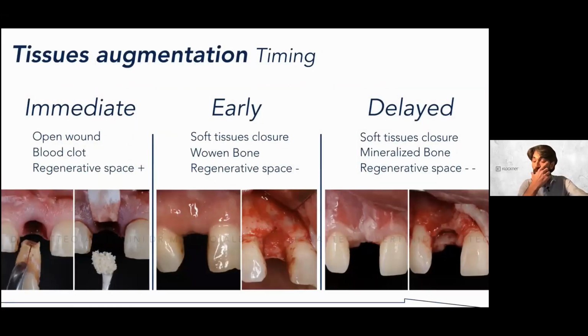So what do we do in these situations? We can use different approaches. We can intervene and regenerate the tissues immediately, or use an early approach after 4 or 8 weeks, or even a delayed approach in which we have a mineralized bone and less regenerative space which has to be created.